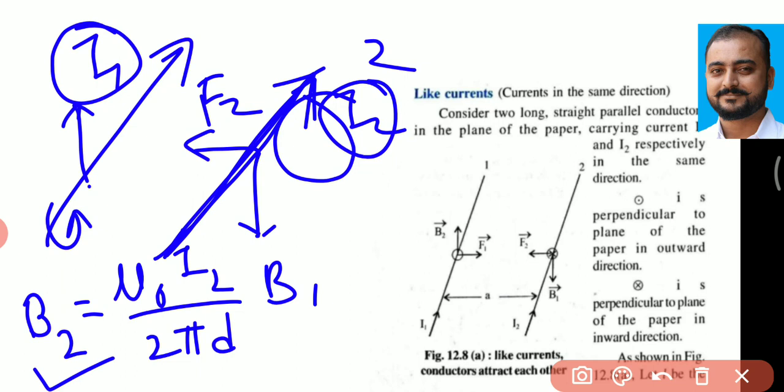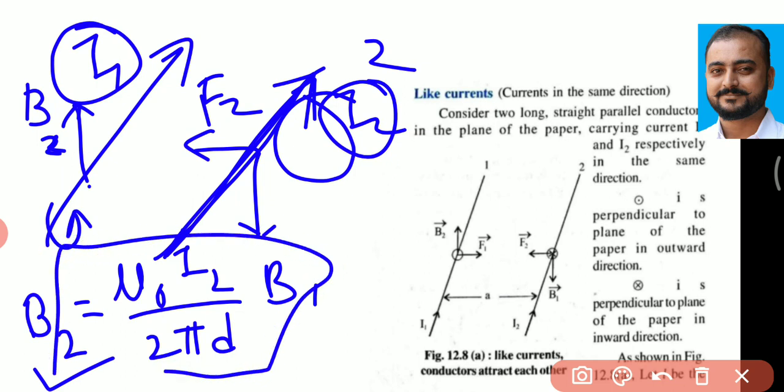Means the direction of the magnetic field is upward, B2. The magnitude of the magnetic field is this one, and the direction is upward, means outwardly directed.